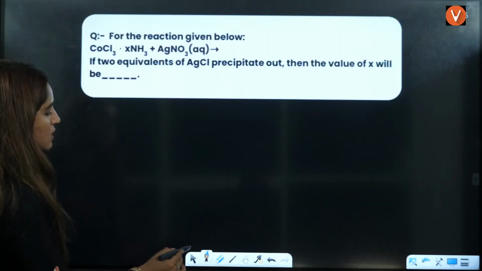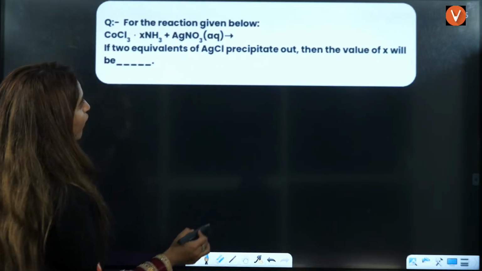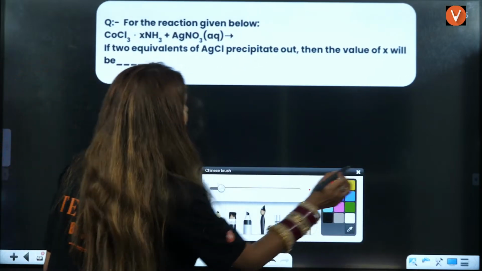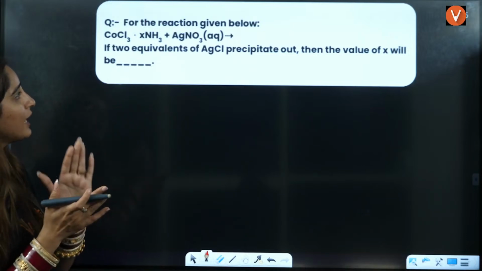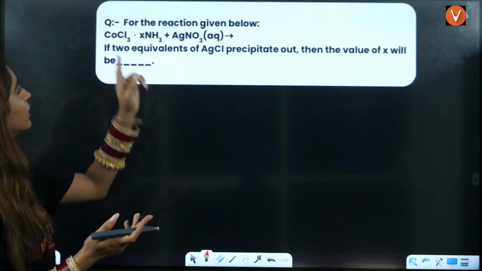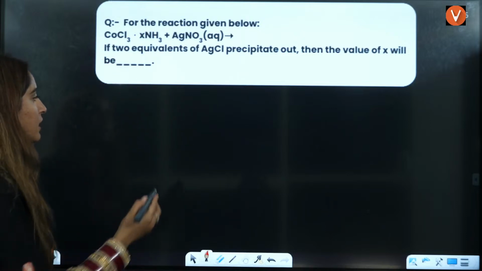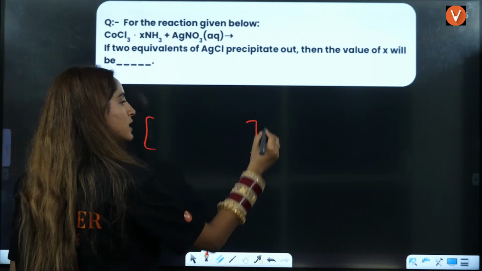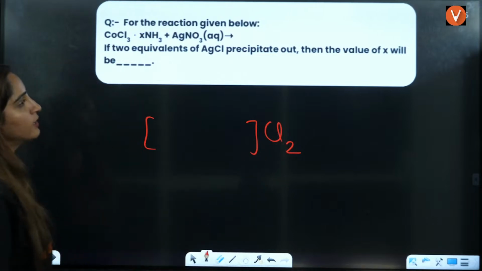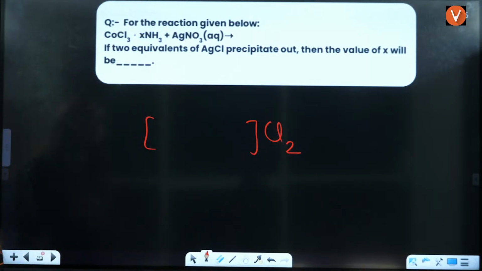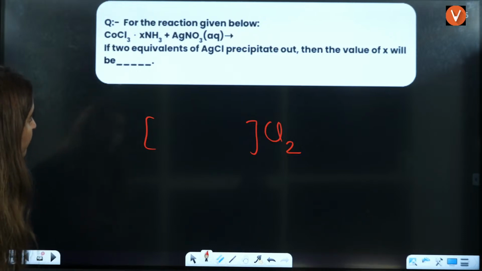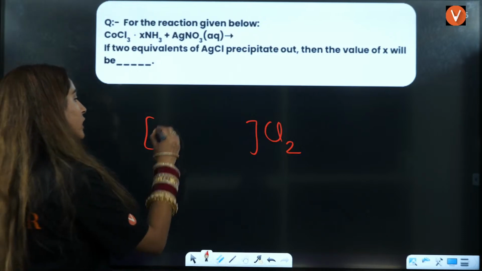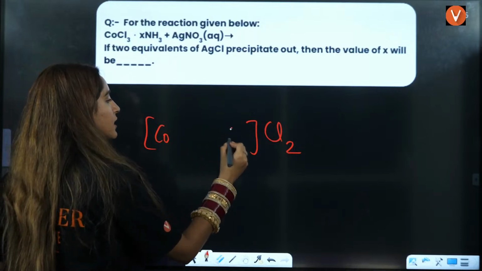Okay, next is the question: for the reaction given below, you have to tell the value of X. CoCl3.XNH3 with AgNO3, if two equivalents of AgCl are precipitated out, then the value of X? Two equivalents of AgCl means two Cl are outside, right? Total you have 3 Cl.